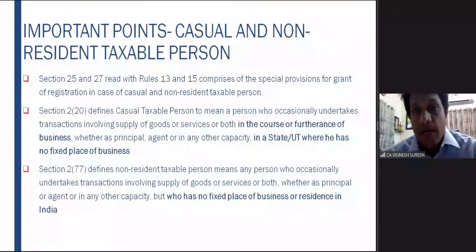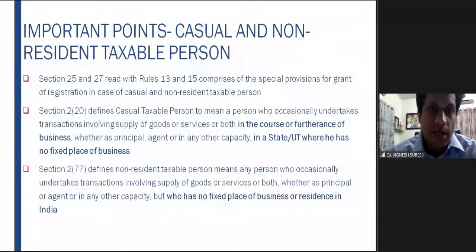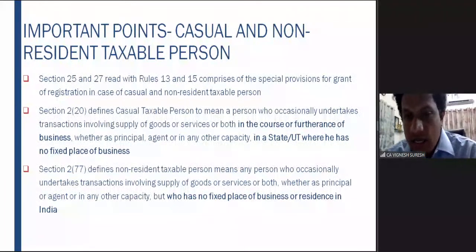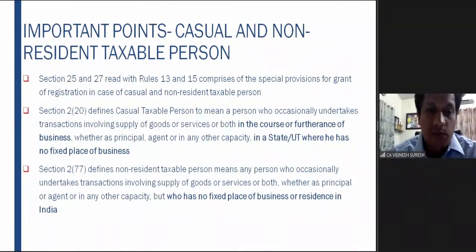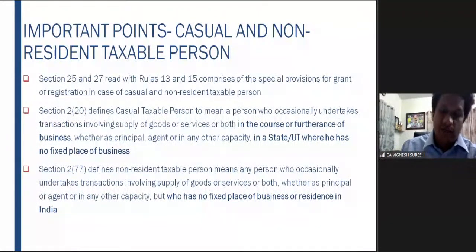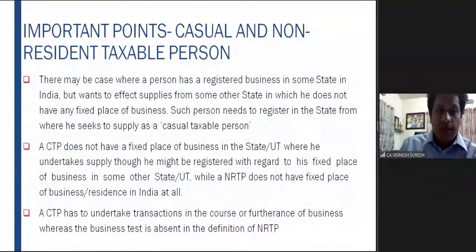So the main test to identify whether he is a casual taxable person is to see whether he has a fixed place of business in that state. If he does not have a fixed place of business, he can be considered a casual taxable person. Similarly, a non-resident taxable person occasionally undertakes transactions, whether as principal or otherwise, but has no fixed place of business or residence in India. In case of a non-resident taxable person, that is the criterion we have to see.